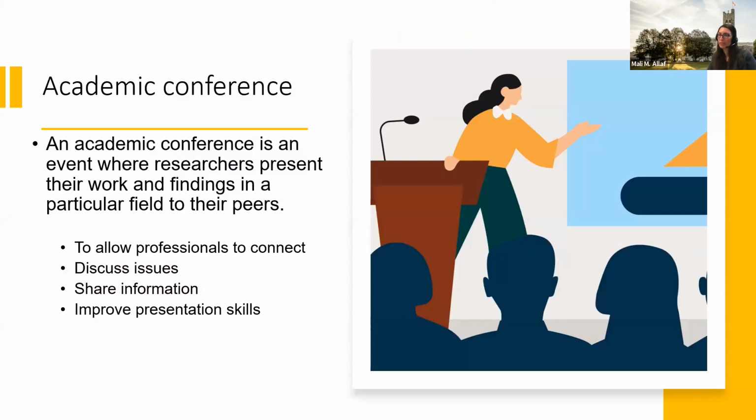Let's first summarize a little bit about what we discussed in the previous workshop, that is, what is a conference. As we said, we have different types of conference: business, casual, and academic. Our main focus in this workshop is the academic conference. But what is an academic conference?